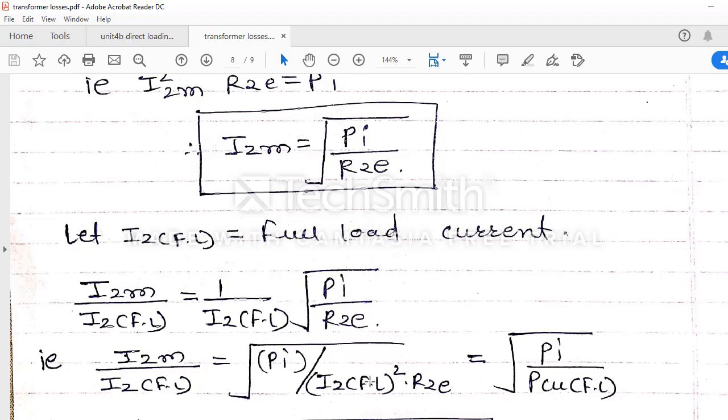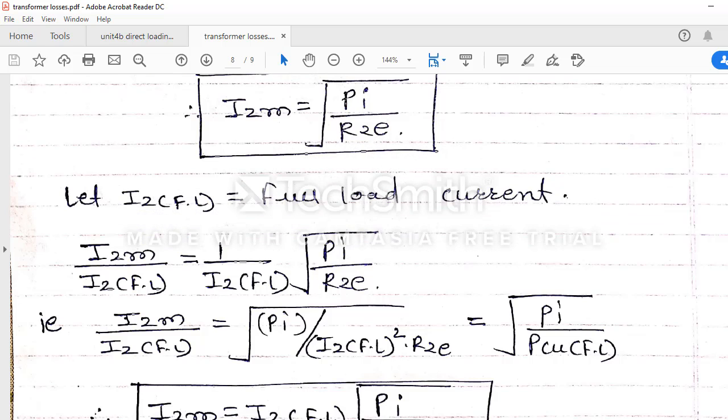That is the square root of Pi upon R2E I2 full load square. Full load means the full load copper loss, since the current is full load, so the copper loss is also at full load. So you get the square root of Pi upon PCU full load.